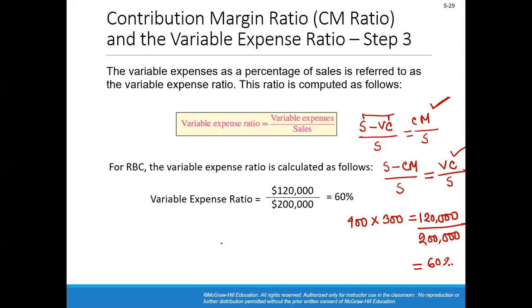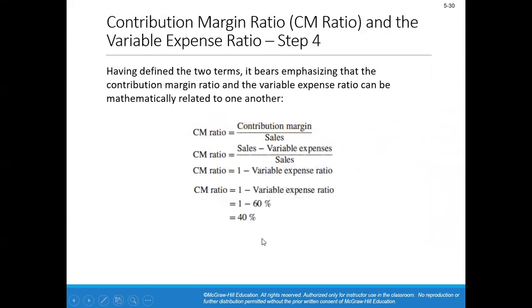So if you have the contribution margin of, say, 40%, is it possible to get the variable expense ratio? It is possible to get it in this way. Okay, so this is the sales, this one is the contribution margin ratio.